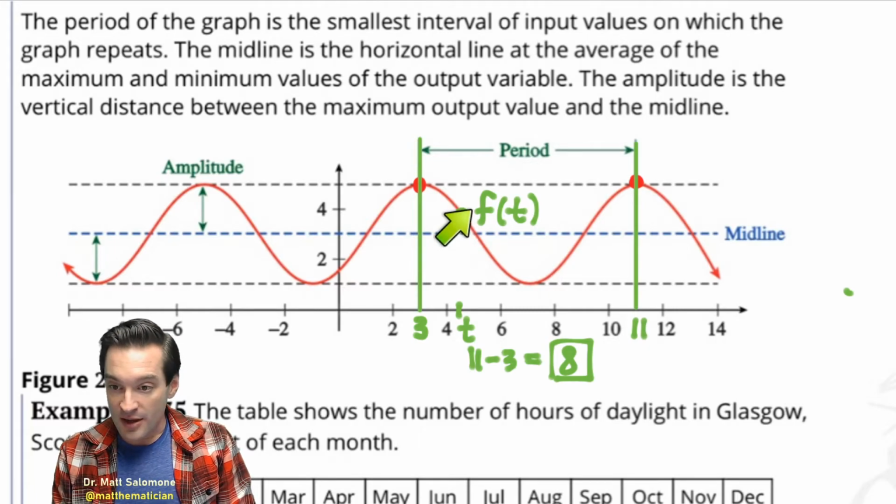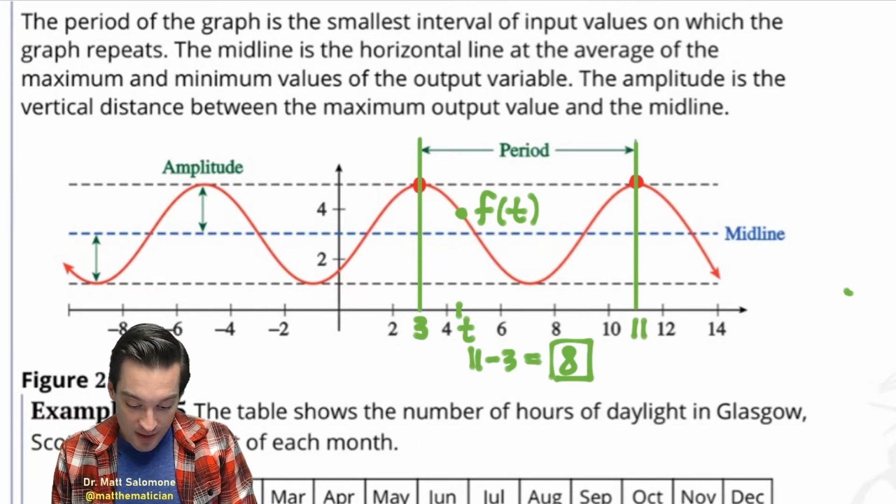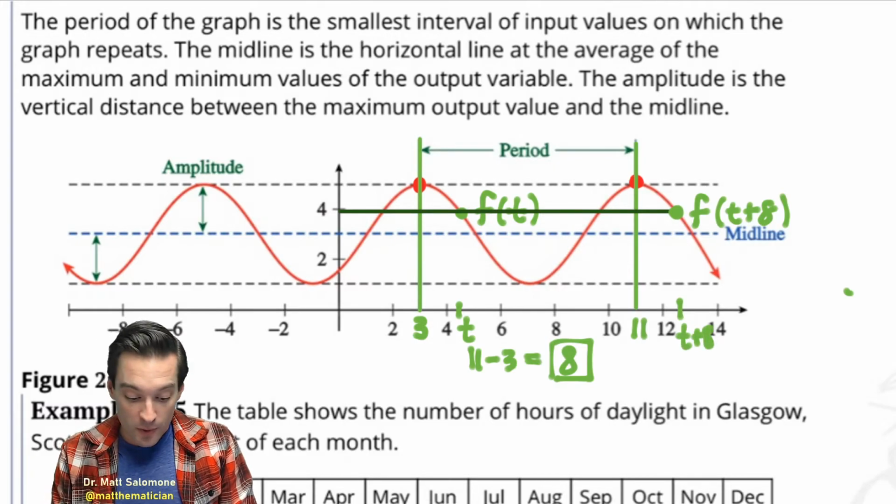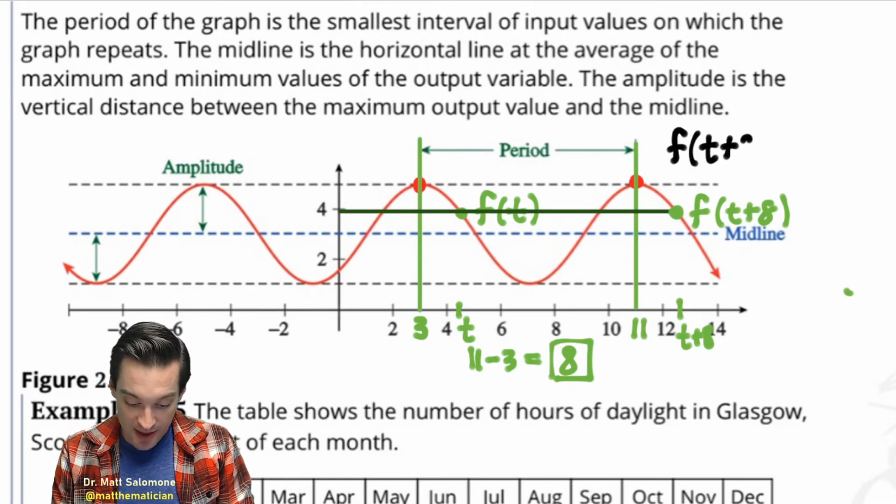Whatever f of t is, that f of t is going to have the same value as this graph does 8 units later, f of t plus 8, right? Because t plus 8 would then be right here. So one way of using a formula to convey the periodicity of a function is to say something like f of t plus 8 is equal to f of t.